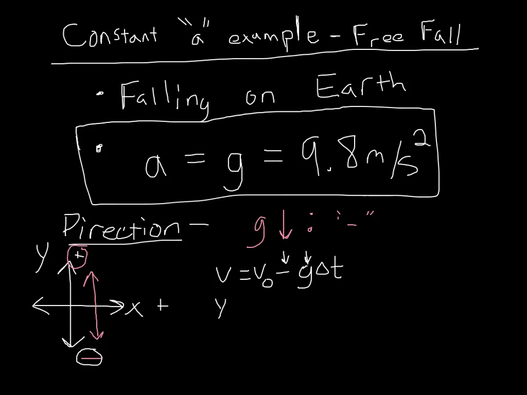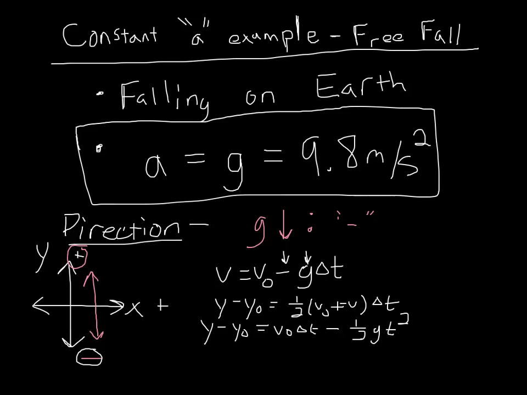I have y minus y naught is equal to 1/2 times v naught plus v times delta t. I have y minus y naught is equal to v naught delta t minus 1/2 g t squared.